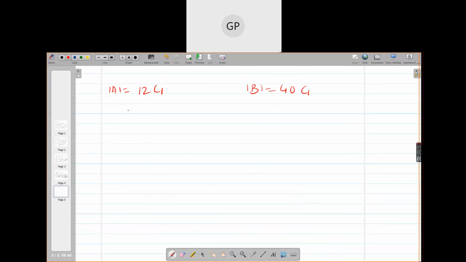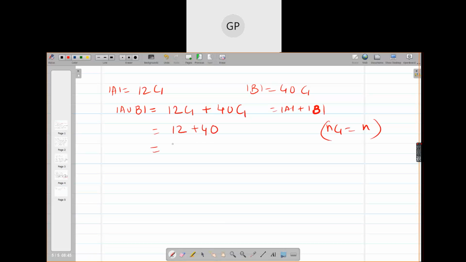ए एंड बी आर डिसजॉइंट, ये आपके मन को अपील हुआ है क्या? आर यू कन्विंस्ड फॉर इट? So mod A union B will be what? 12C1 plus 40C1, that is mod A plus mod B. Okay, so nC1 is equal to n होता है. एक एलिमेंट सिलेक्ट करना है, so आंसर इज 52.